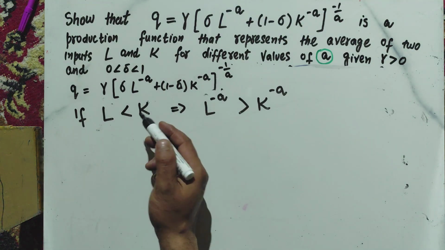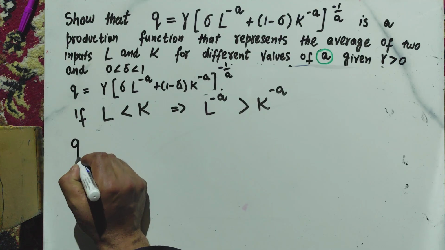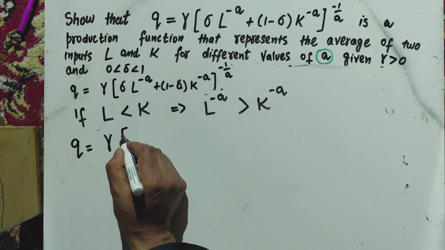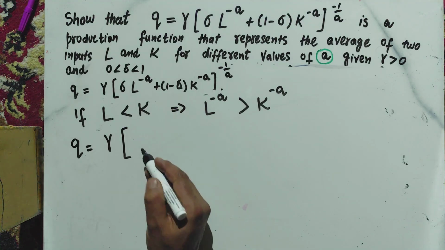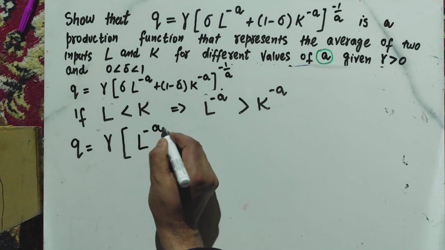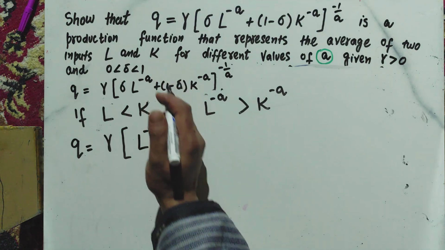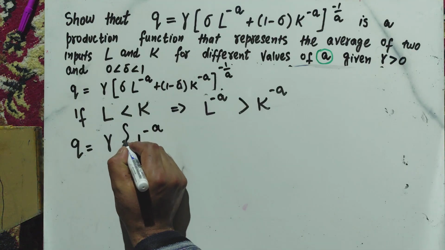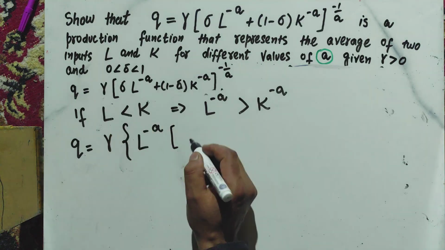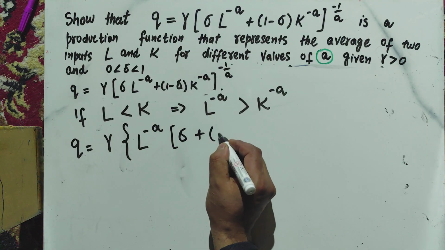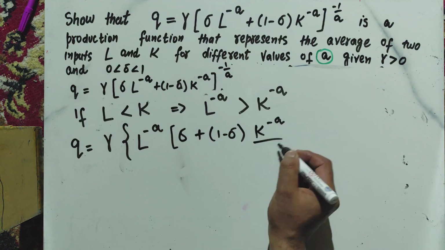Now we have this production function. So Q is equal to gamma. Let's take L raised to the power minus a common. If I take L raised to the power minus a common, we will be left with delta, then plus 1 minus delta, and here we will get K raised to the power minus a upon L raised to the power minus a.